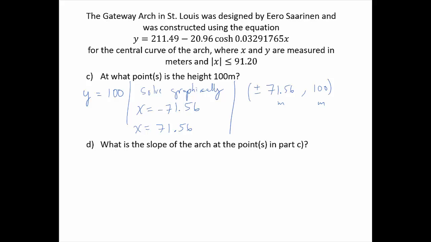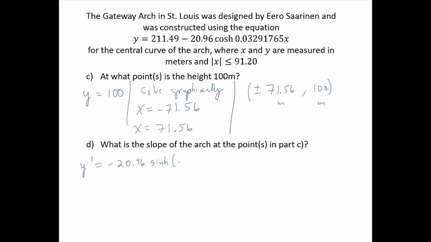What is the slope of the arch at the points? Well, to figure out the slope, we would need the derivative. And so then using our rules for derivatives, we can write that y prime would be negative 20.96. The derivative of the hyperbolic cosine is the hyperbolic sine.